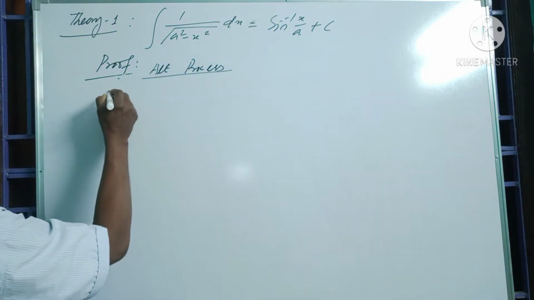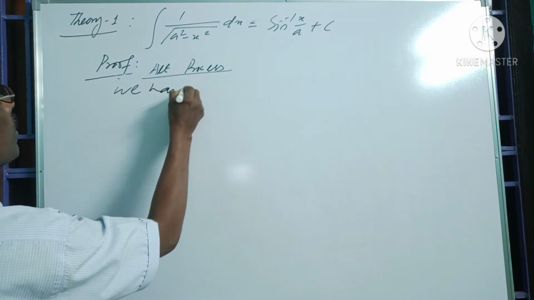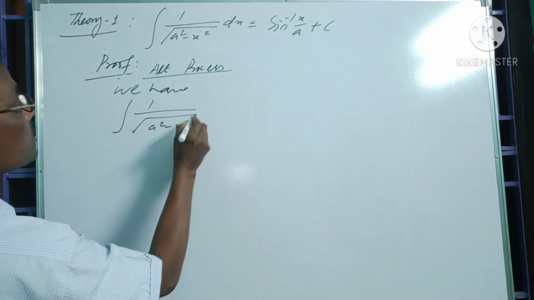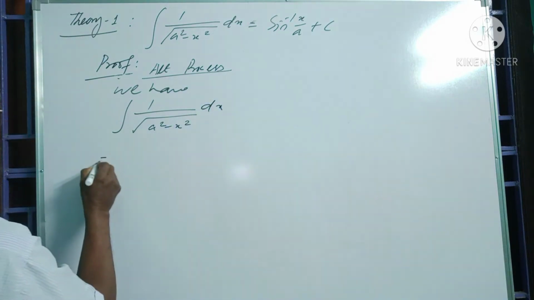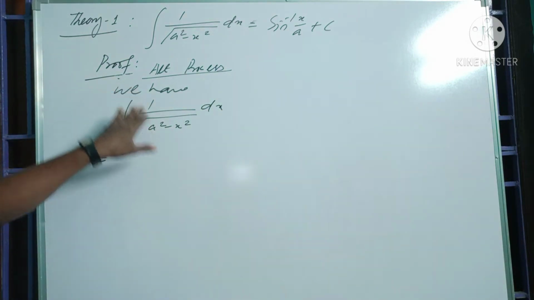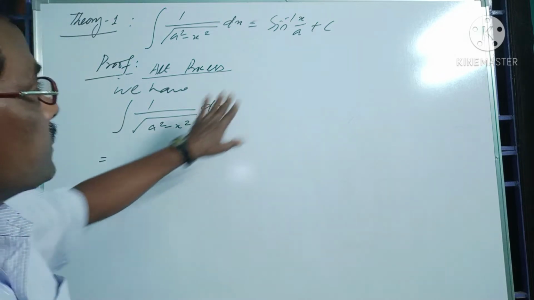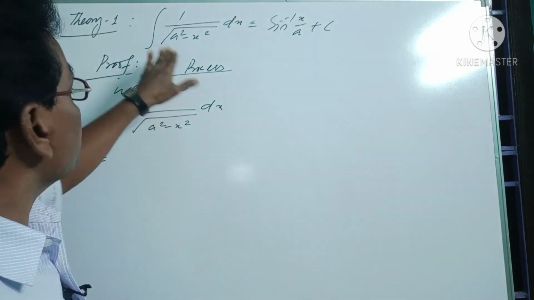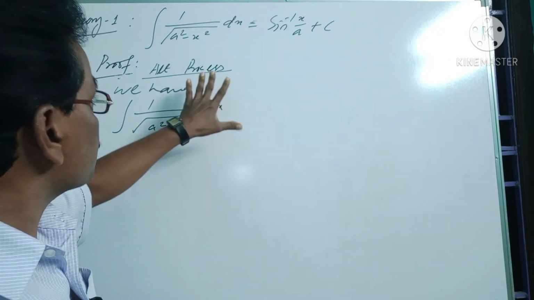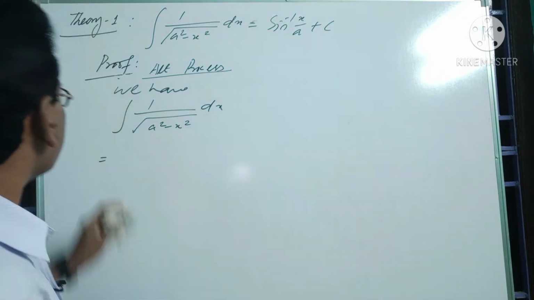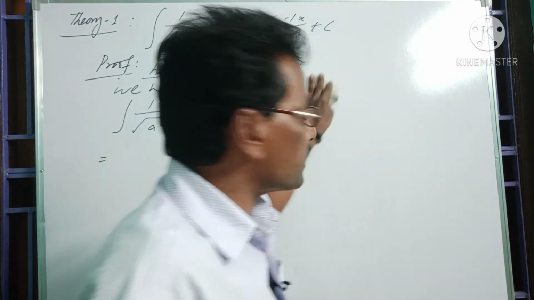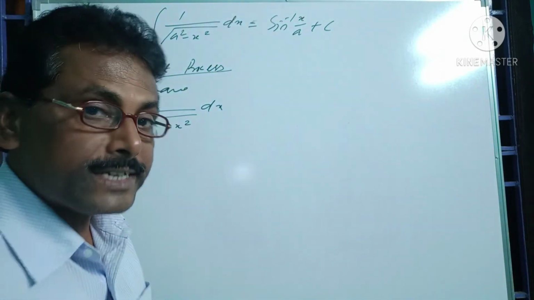We have integration of 1 by root of a square minus x square with respect to x. We have already integrated it and obtained sin inverse x by a plus c. But now we integrate this same integral, substituting x is equal to a cos theta, to see how the non-standard integral transforms into a standard integral.